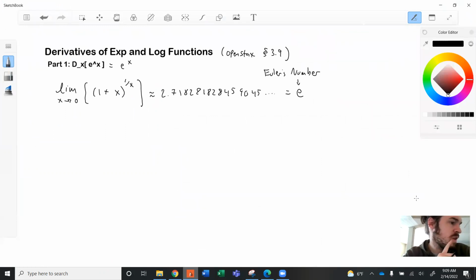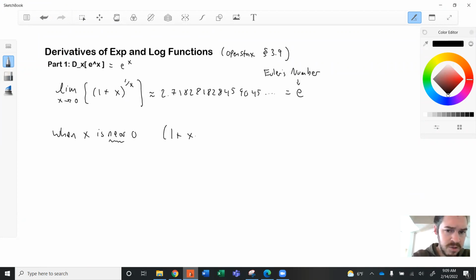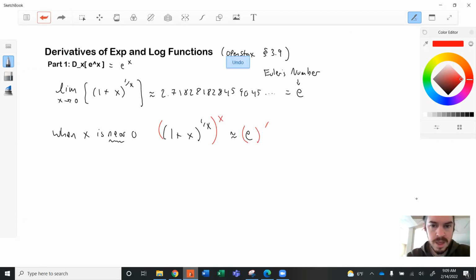Now, this has an interesting result, because that means that when x is near 0, you can write (1 plus x) to the power 1 over x is approximately equal to e. And if you take both sides of this equation and raise it to the power x, you get an interesting result, and we need the parentheses to write that.